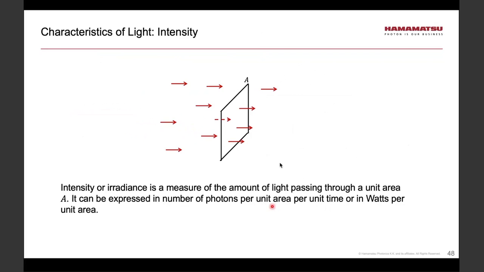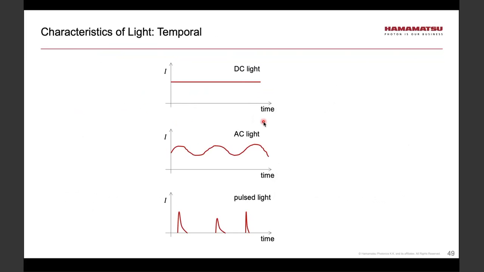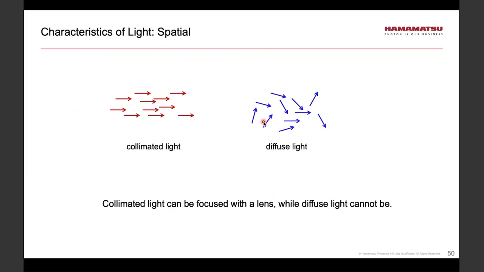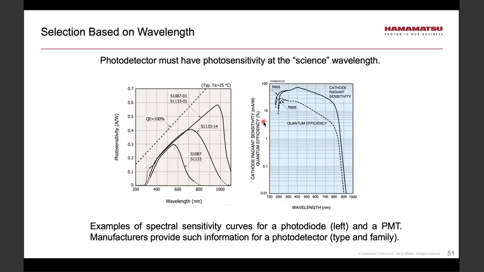Light intensity, again, we talked about how much light we have passing per unit area, per unit time. These are the temporal characteristics, DC, AC, pulse, and again, spatial, collimated, and diffuse. So probably the first two, wavelength and intensity, are the most crucial parameters.